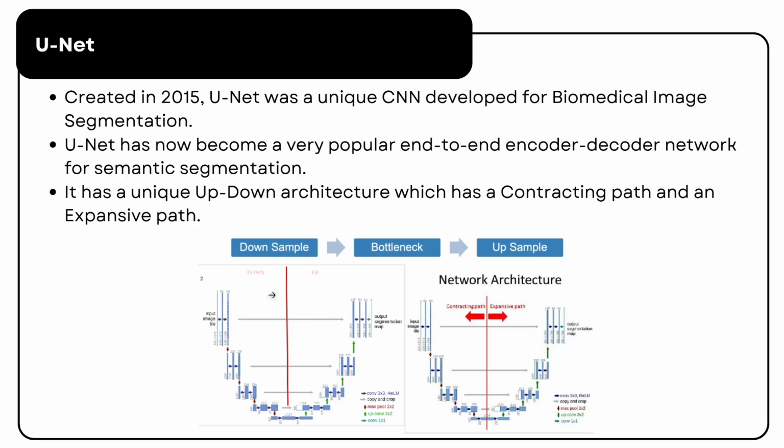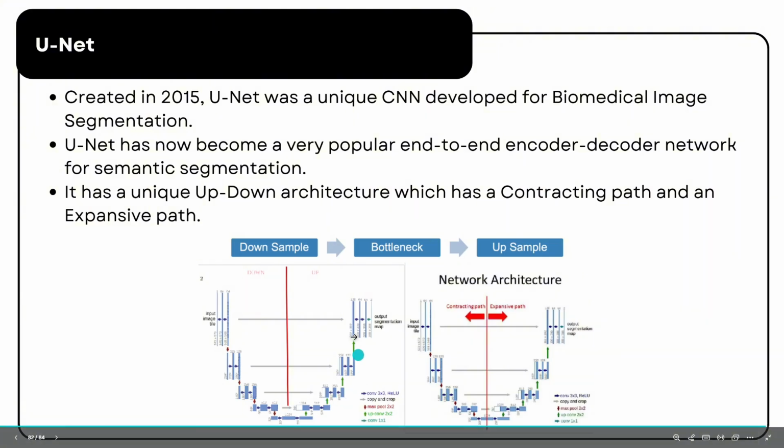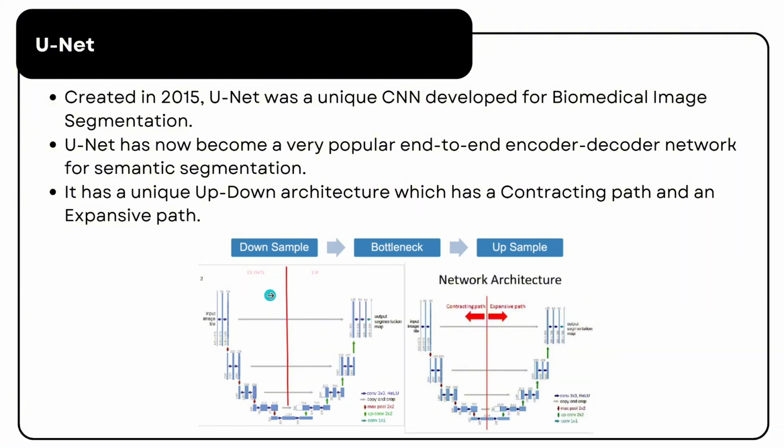What makes UNet stand out is its symmetric encoder-decoder structure, often referred to as a U-shaped architecture. This is how it is represented, which is actually where the name comes from.